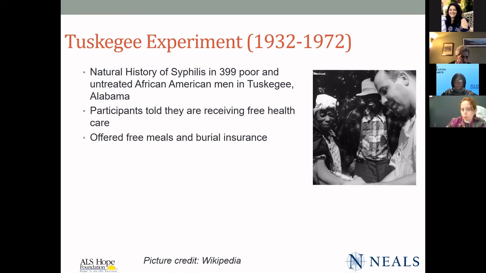The participants were told that they were being treated for something called bad blood. That was a very non-specific term meant to cover fatigue, anemia, and included the sexually transmitted disease syphilis. They were offered, in exchange for their participation, free meals and burial insurance.